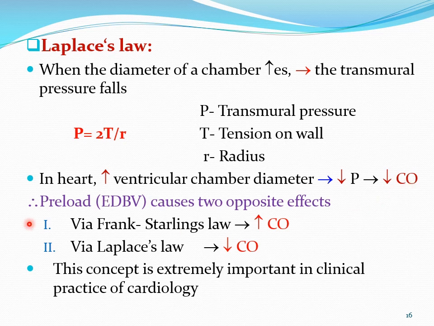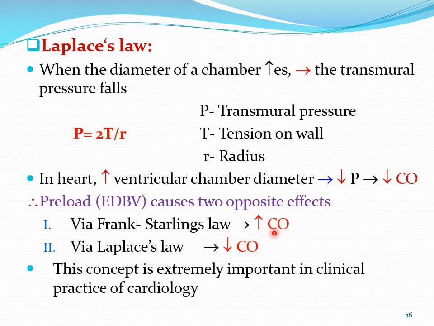Now see, preload, which we just studied in our previous slide. Increasing the preload, that is the end diastolic blood volume, causes an increase in cardiac output. So here Frank-Starling's law and Laplace's law cause opposite effects.